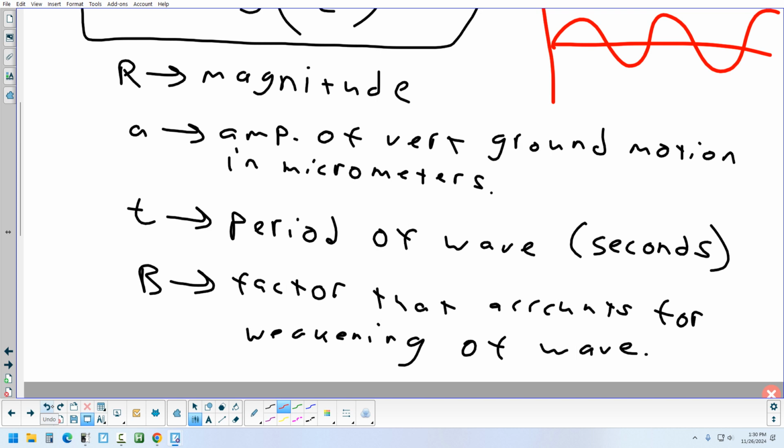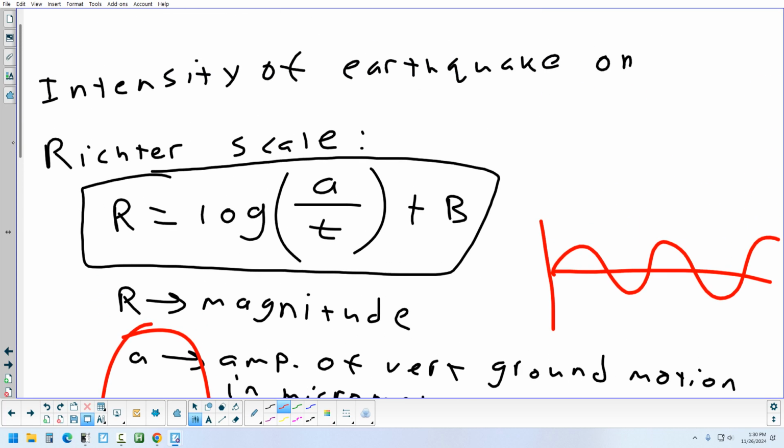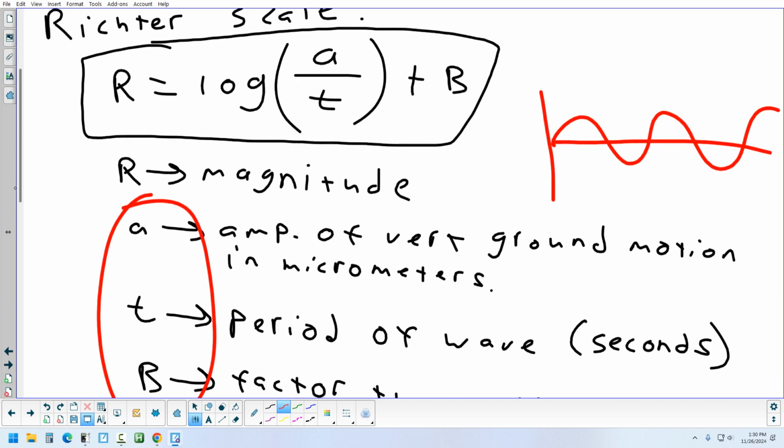If you drop something big enough, you get a little crater and then it's done. It's because the sand is loosely packed, so it absorbs the energy more than transfers it. Again, they have instruments that can measure all these things. You take these three things, fill them in, and that gives you the intensity of your earthquake.